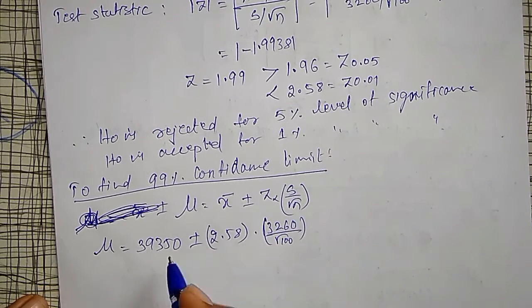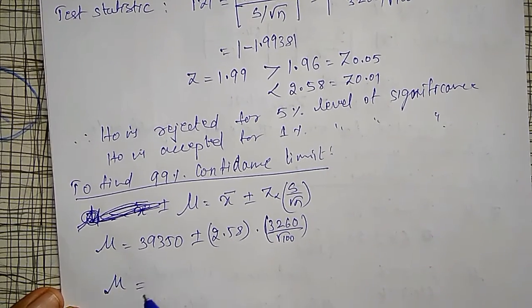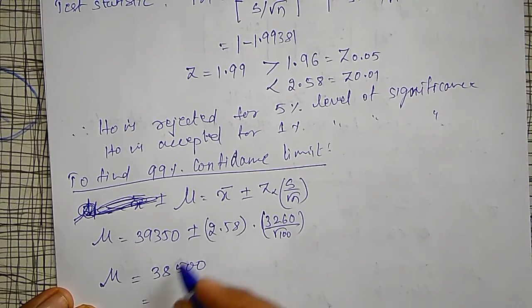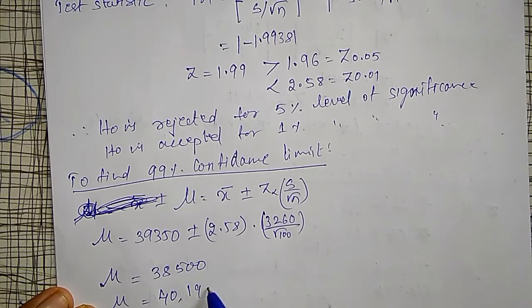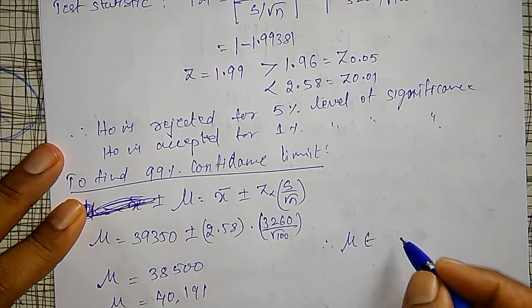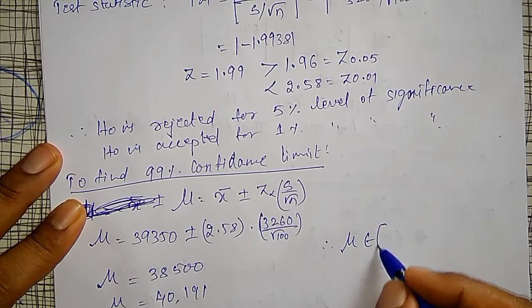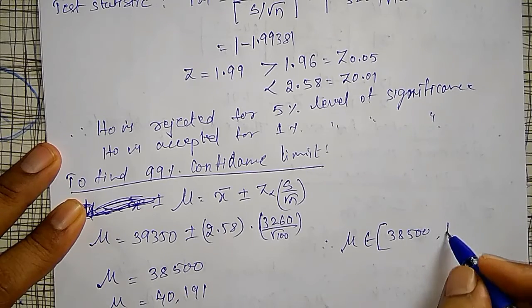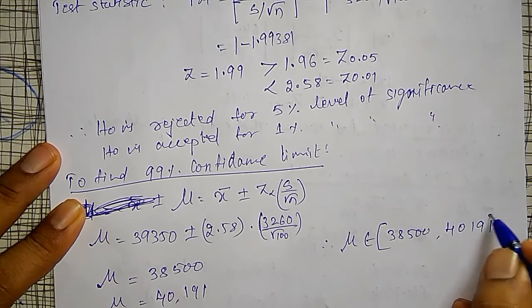For once plus and once minus, if you take this and simplify, I am going to get for minus 38,500 and for plus 40,191. Therefore, mu lies in the interval 38,500 and 40,191.